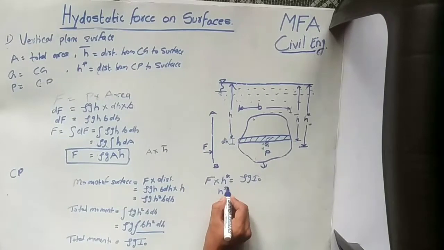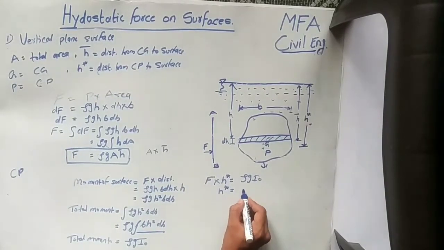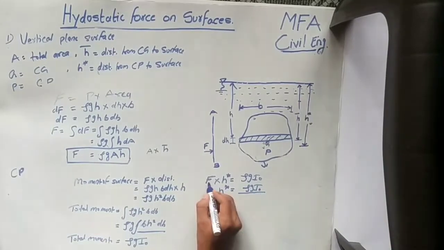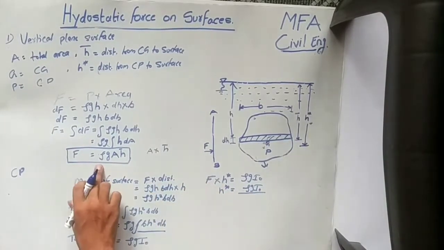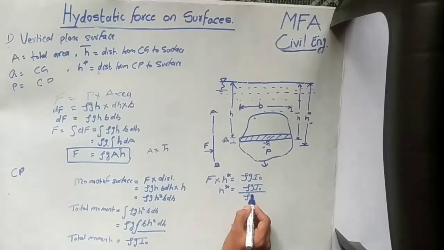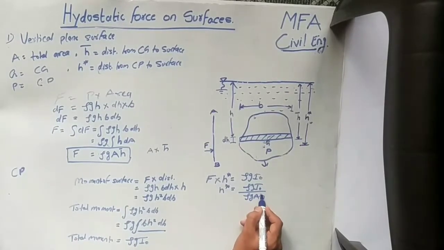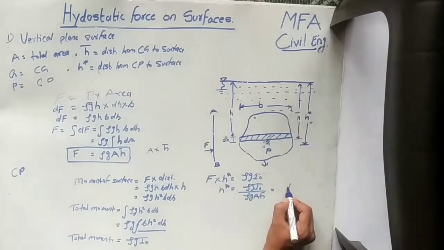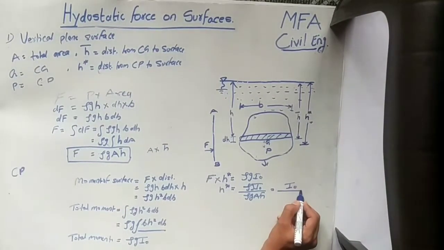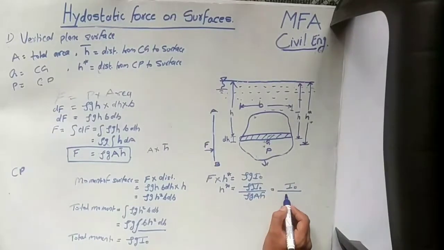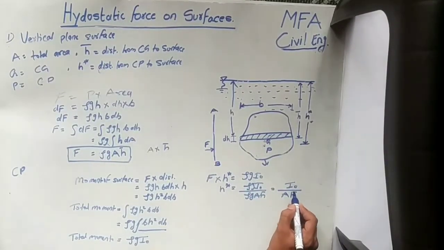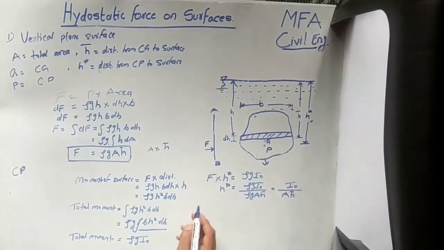Then h star is equal to rho g I0 upon F. We calculate the force as rho g into area into h bar, so rho g gets cancelled, and h star is equal to I0, the moment of inertia of the surface about the free surface of the fluid, divided by the area of the surface into the height of the center of gravity from the free surface.